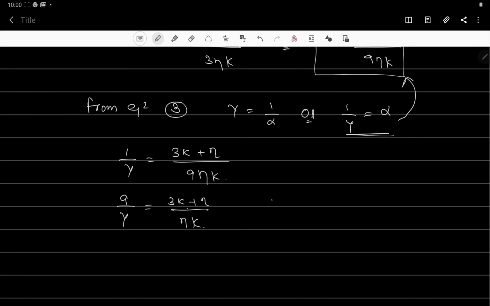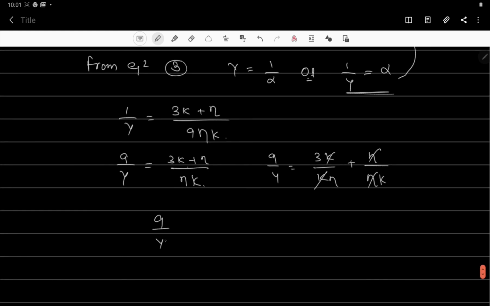Separate the terms here: 9 divided by Y equals 3k divided by k into eta plus eta divided by eta into k. Eta gets cancelled, k gets cancelled. What remains is 9 divided by Y equals 3 divided by eta plus 1 divided by k. This is equation 7.